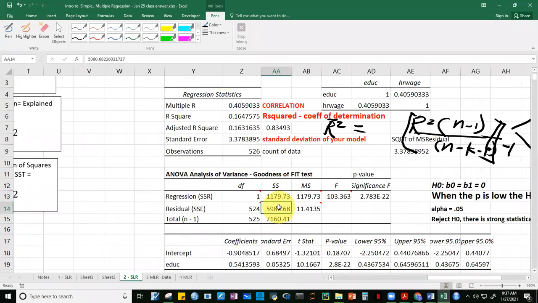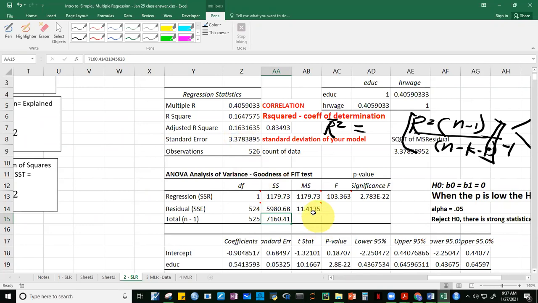So notice guys, malaki pa yung SSE, ano, yung residual. Ang kaya lang i-explain ng model natin, 1179. Ito, 5980 yung hindi kaya out of the total 7160. Okay, so you get the proportion of this 1179 divided by 7160. Yun yung r squared natin.